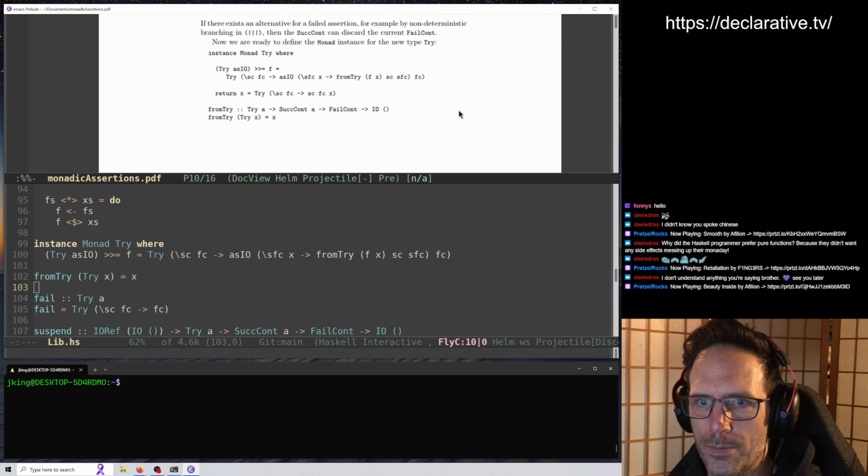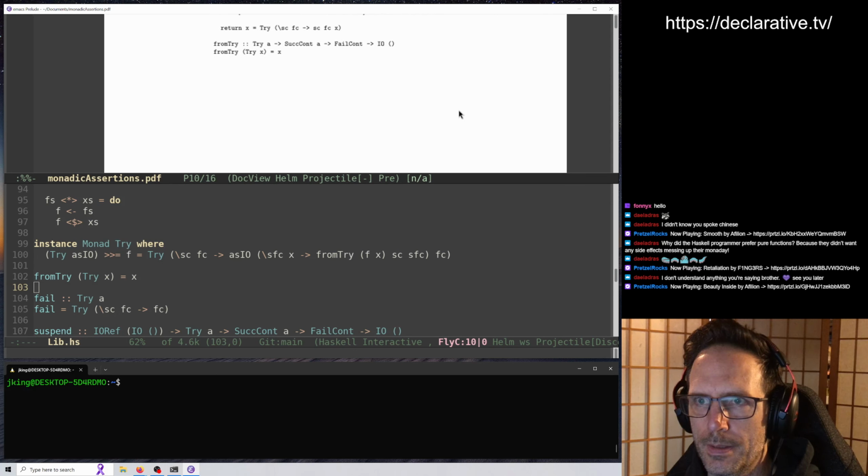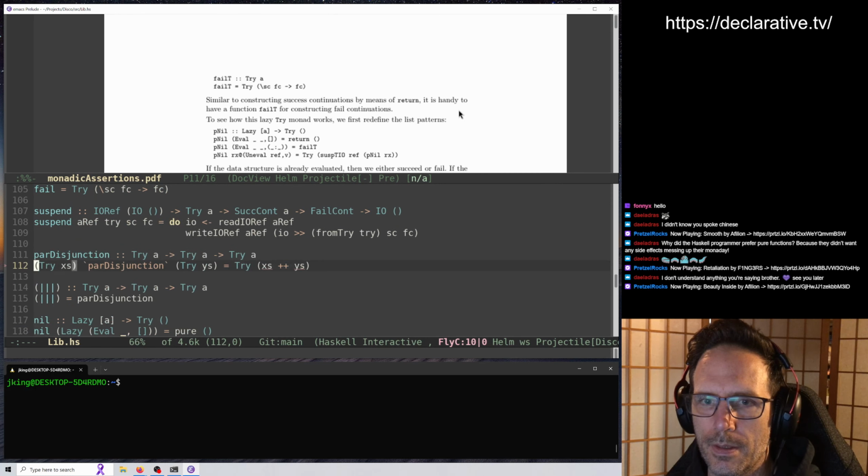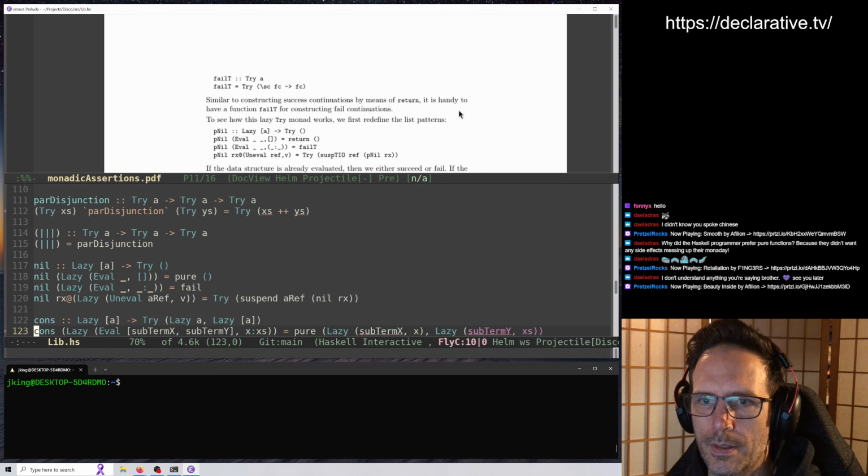This from try function. This new version of fail, which just runs the failure continuation. And okay. And then nil. Okay, we haven't gotten to updating nil yet.